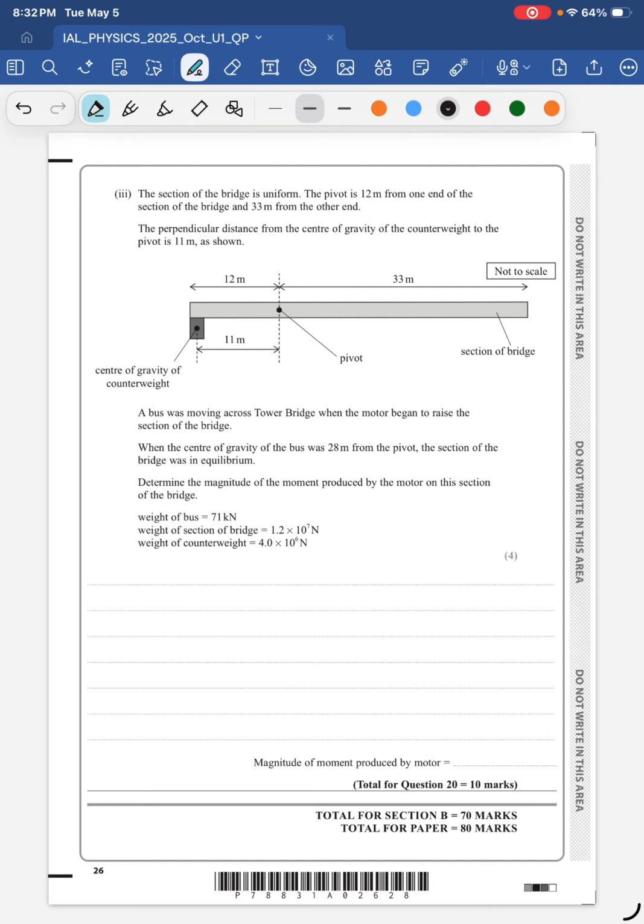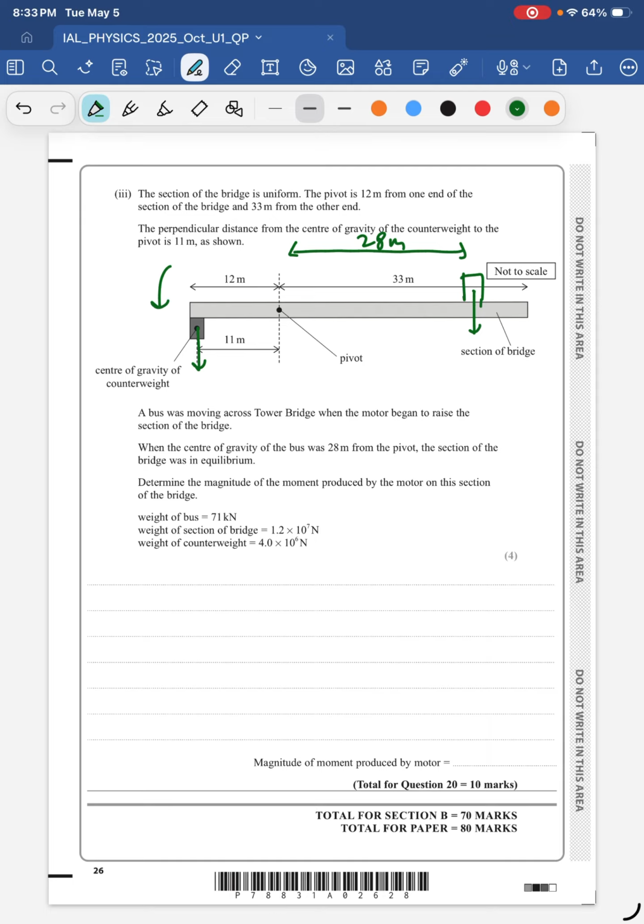So, okay, the weight of the counterweight is going to create an anti-clockwise moment. Then the bus is going to be 28 meters away, so maybe there. So it's going to provide a clockwise moment. And then what other forces do we have? Okay, the motor, we're going to account for it later.